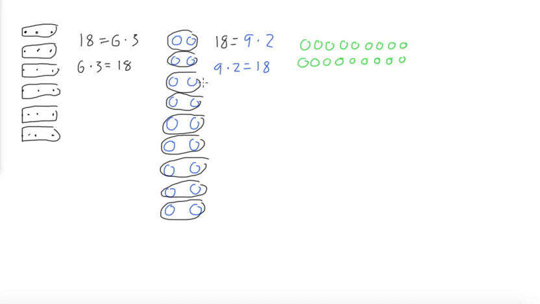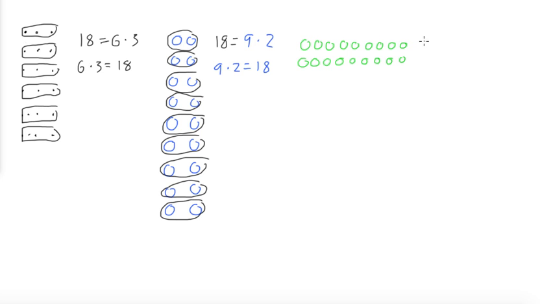Alright, again, if we count that, it's going to be 18. Well, we have 18, and we can look at it in the same fashion as before. And this time, we can say we have a group of 1, 2, 3, 4, 5, 6, 7, 8, 9. And we have 2 of those groups.